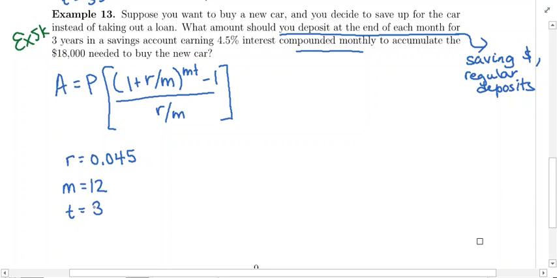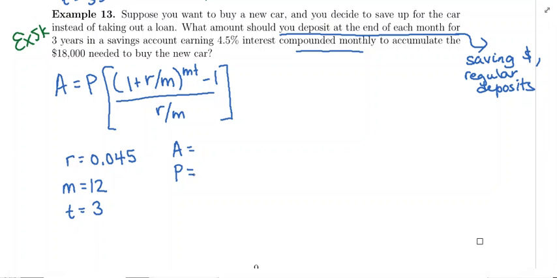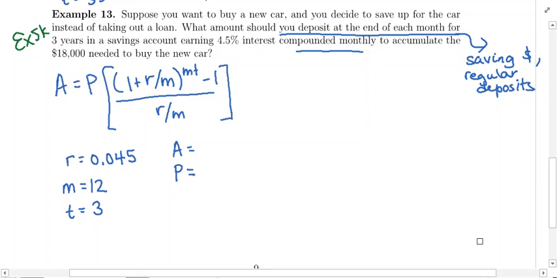So now we're just left with A and P. One of those we know and one of those we don't know. With this formula, P is the amount of the periodic deposit, or the regular deposit. A is your account balance. If you look at the question, it says, what amount should you deposit at the end of each month?